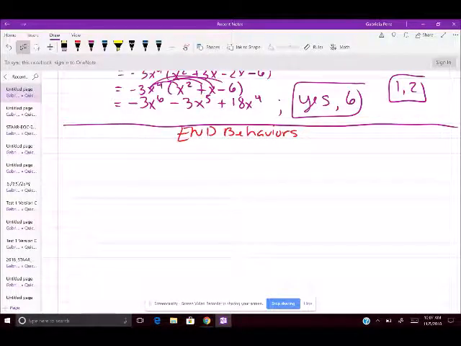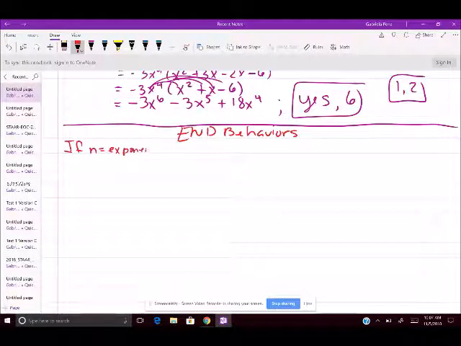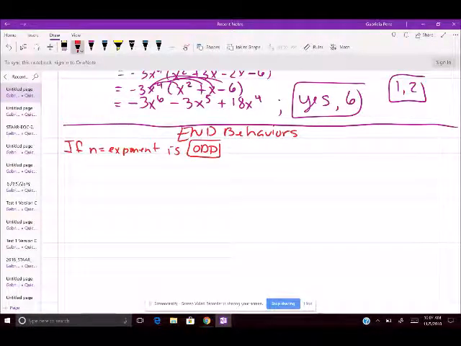So this is what happens. If n, and n we're talking about your exponent, is odd, and we all know what odd numbers look like, right? 1, 3, 5, 7, 9, and so on.